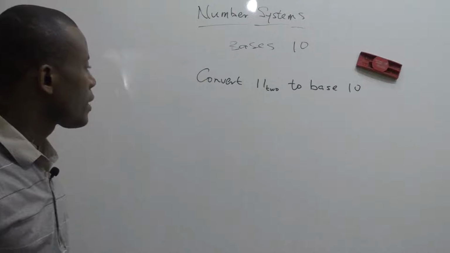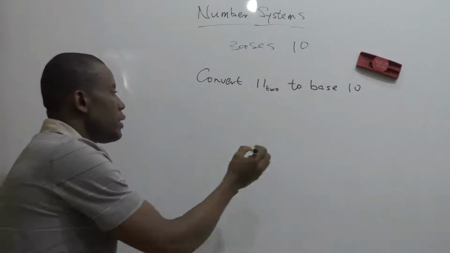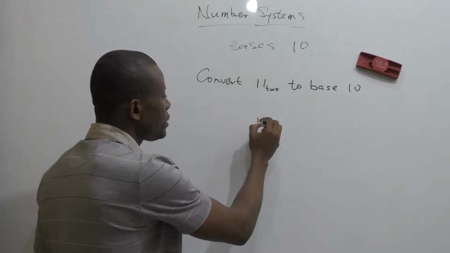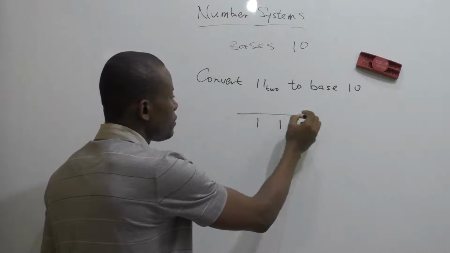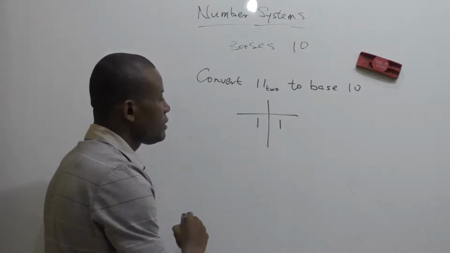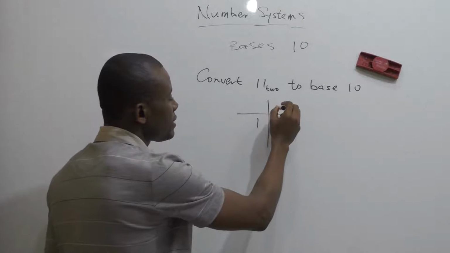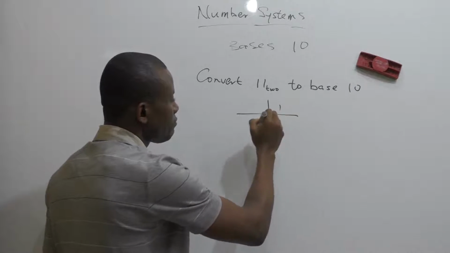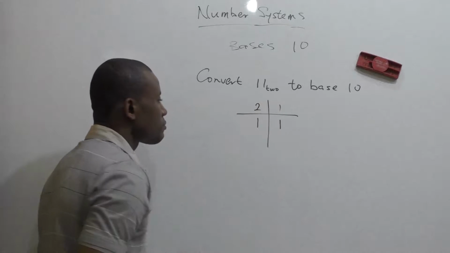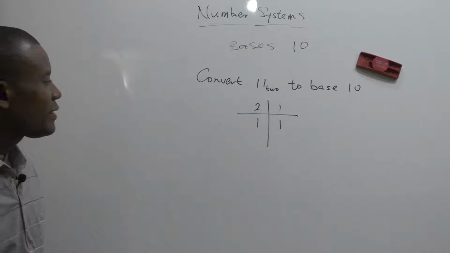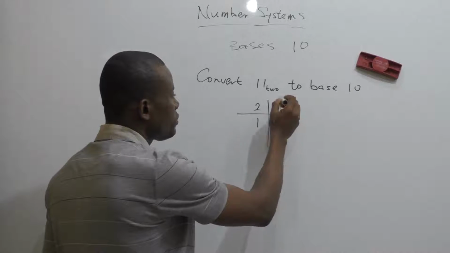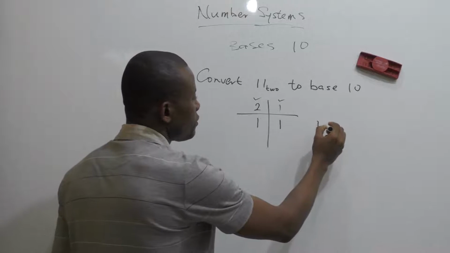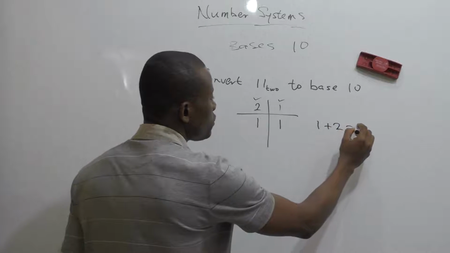What you simply do is you write out the two figures and then put 1 and 2. So 1 1 in base 2 is 1 plus 2, which equals 3.